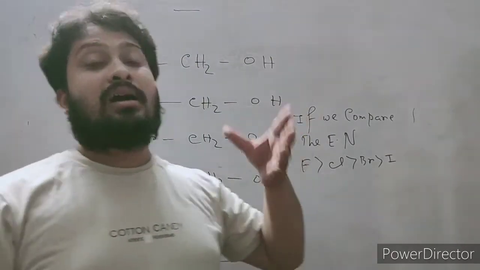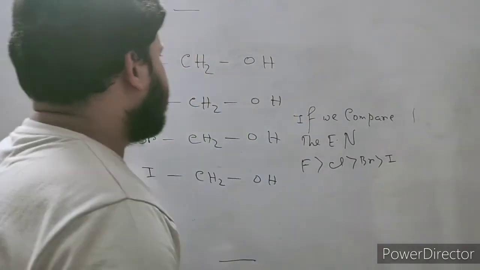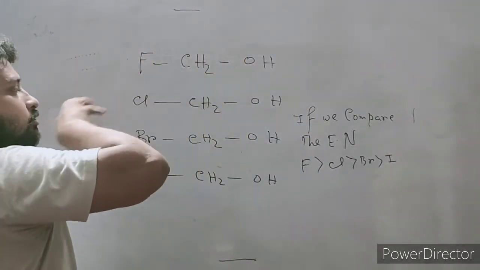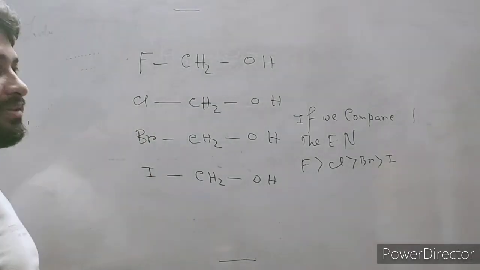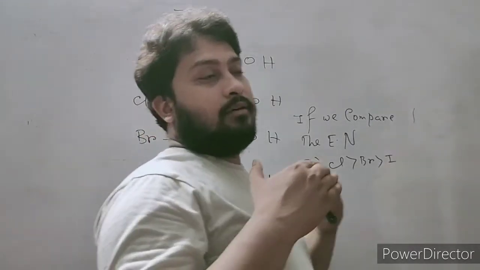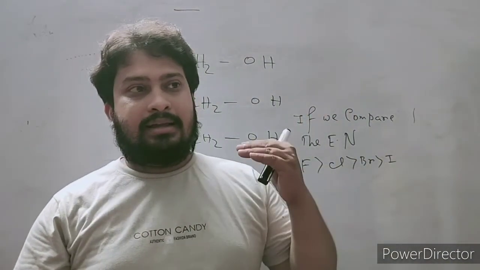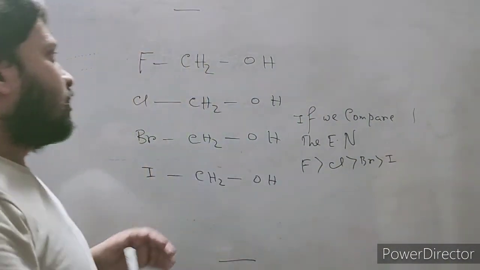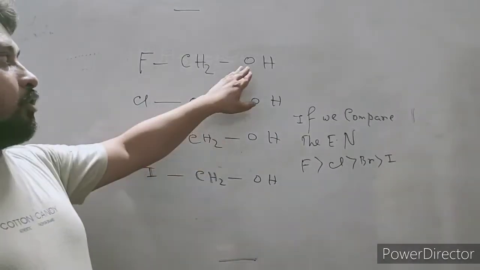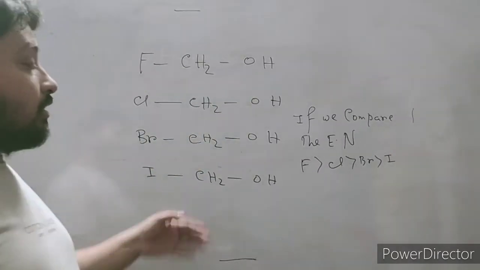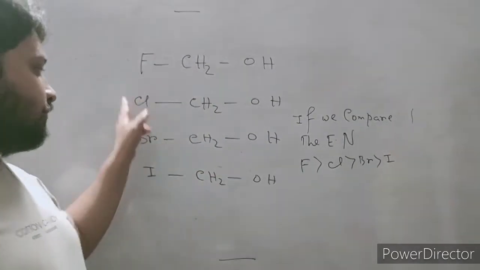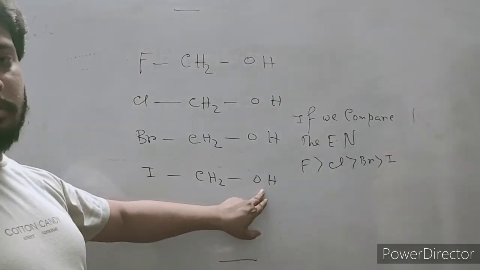Fluorine has higher power, so it can easily pull the electron towards itself from the methyl. Therefore the electron density on oxygen is decreasing the most for the first case.